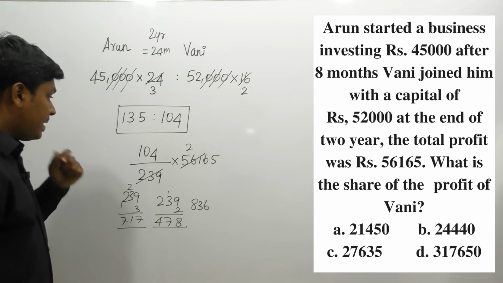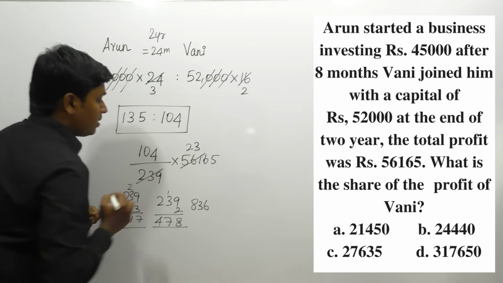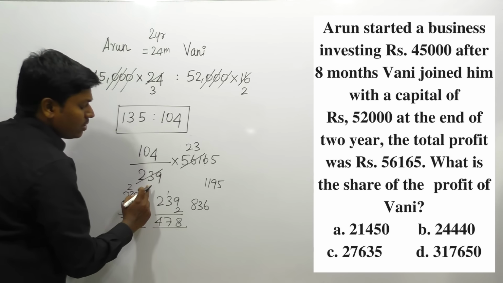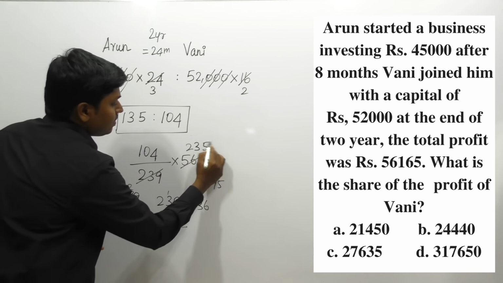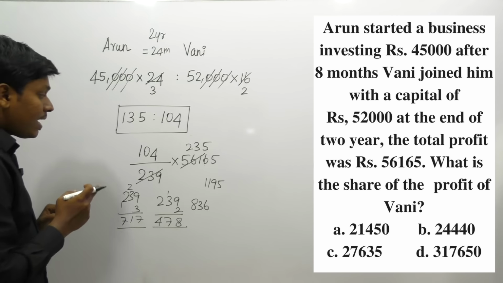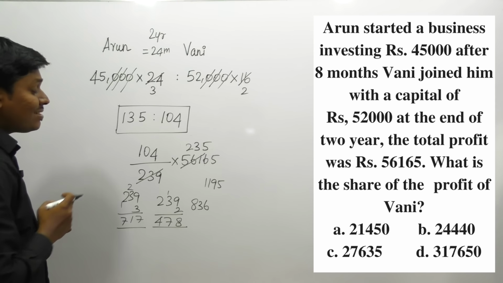So 119, and here it is 5. I think 239 into 5, right? So this will be 235. So friends, finally we have calculated that 239 into 235 will be 56165, right?